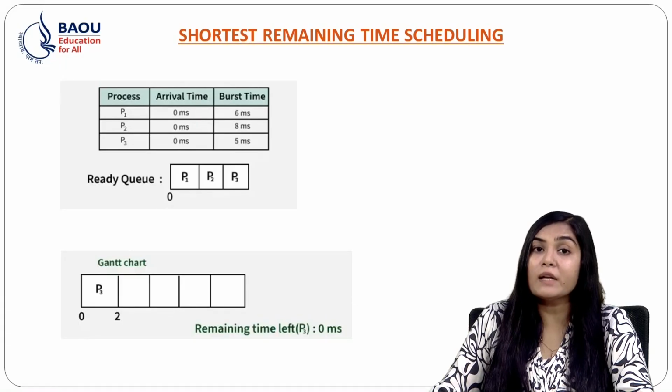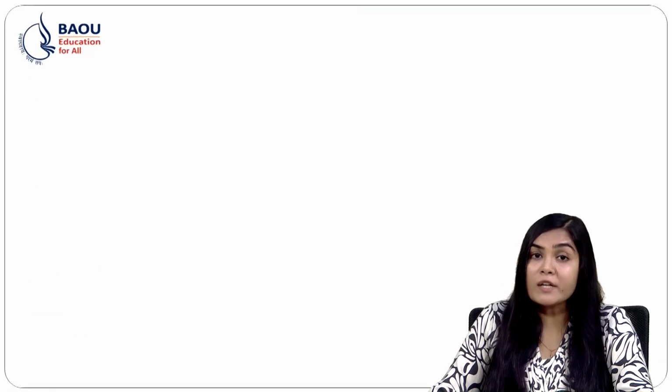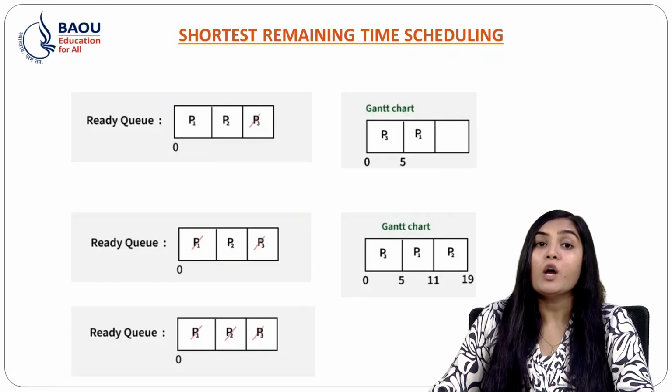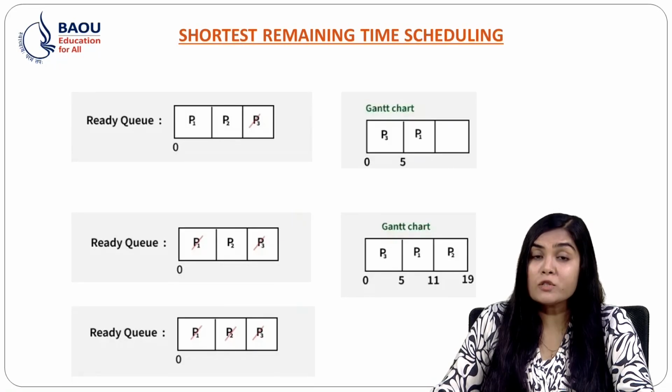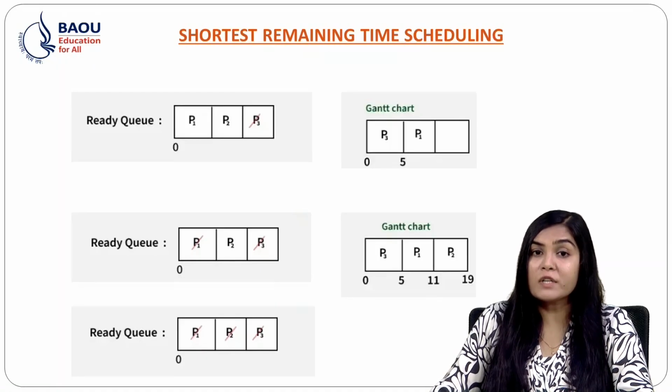Total time left is 0 milliseconds as it has the shortest remaining time left, and in the next time, 11 to 19, will be allocated to the P2 process. P2 runs for 8 milliseconds and total time left is 0 milliseconds. So this is the explanation of the shortest remaining time scheduling algorithm.